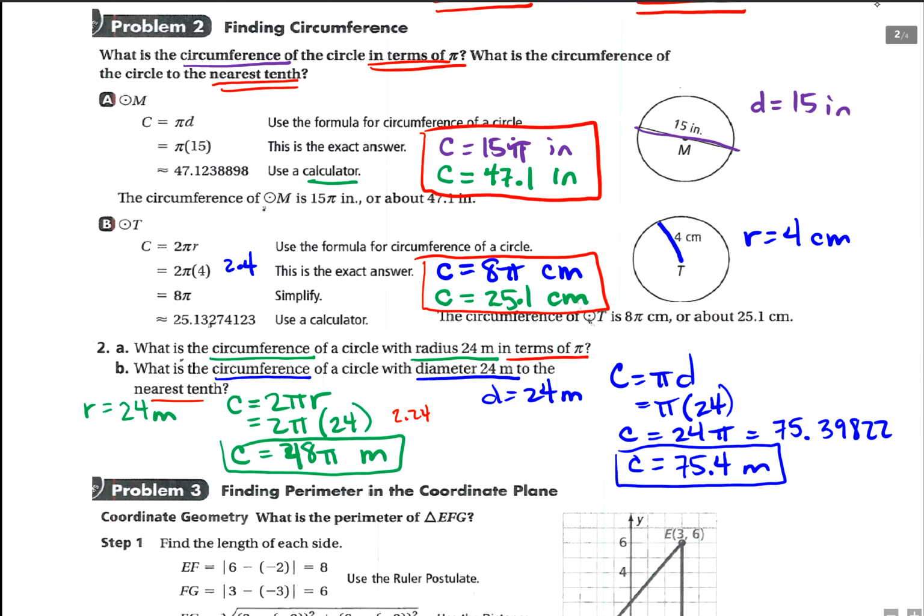I take 24 times pi in my calculator, and I get 75.39822. I want to the nearest tenth, so I'm rounding to this decimal place right here. That rounds up to 4. I get the circumference of that circle is 75.4 meters. Okay, so make sure you read your instructions carefully.